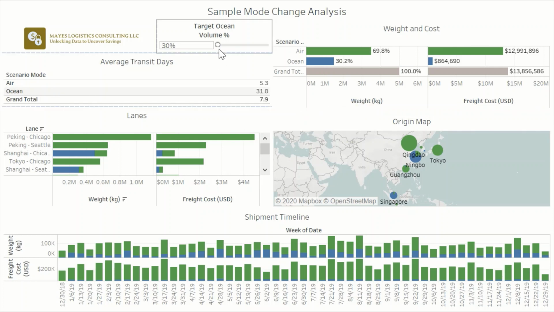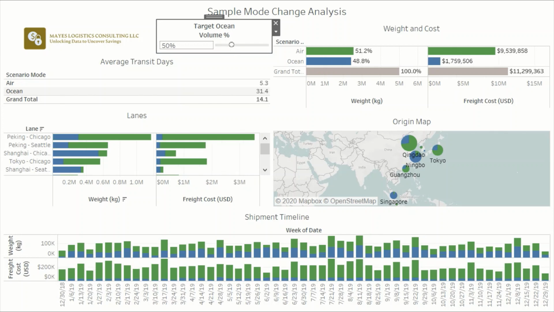But what happens if we increase the total ocean volume from 30% in the baseline to 50% in a new scenario? So in this case, your total freight cost is going to drop from 13.8 million to about 11.3 million.